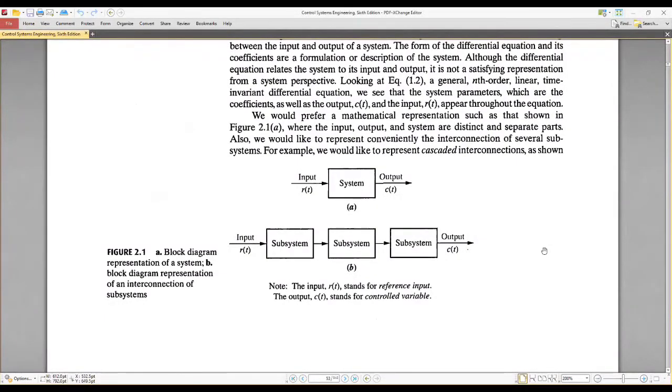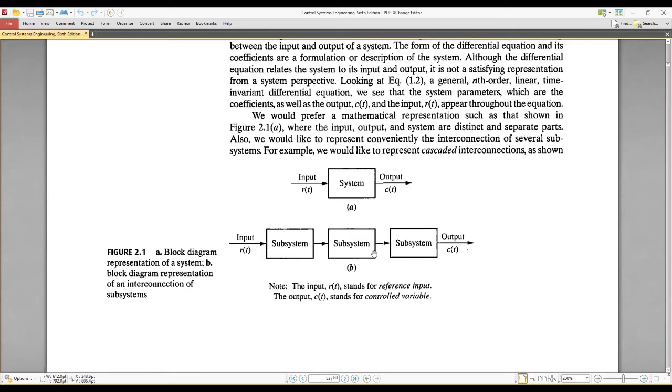So far we have seen our open loop control system. It might have multiple subsystems. Here the input is represented as r(t) and the output as c(t).